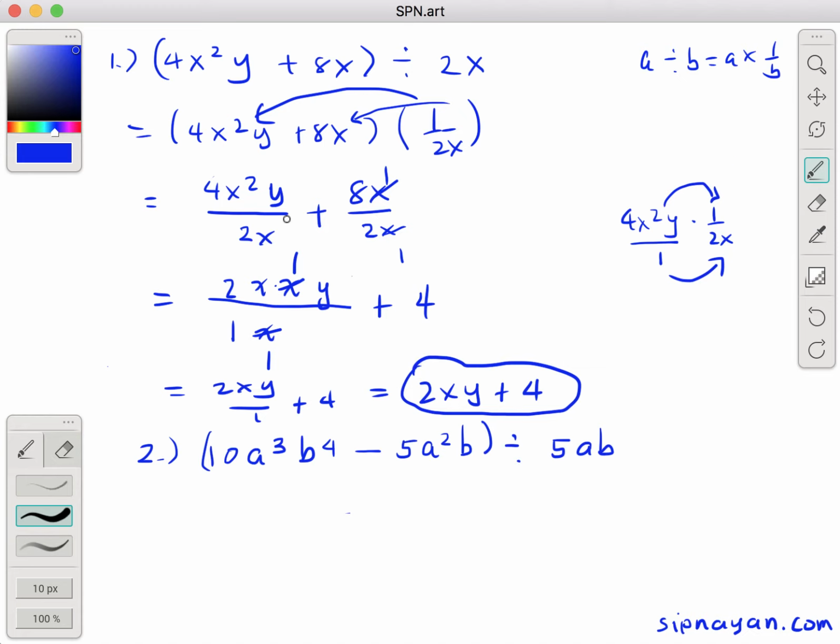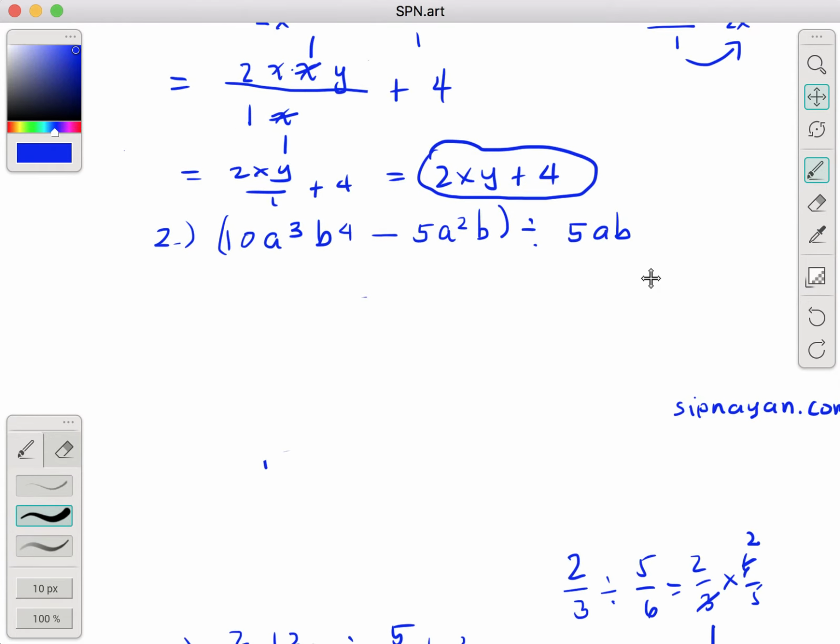Medyo nagdetalye lang tayo dito kasi nire-relate natin yung division sa multiplication. Because if we divide a number by another number, we're actually multiplying the reciprocal of the divisor. So yung divisor, kinukuha natin yung reciprocal, tapos minumultiply natin dun sa isang number din. Okay?